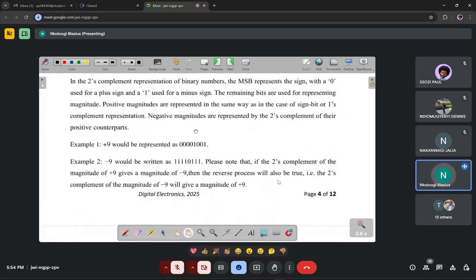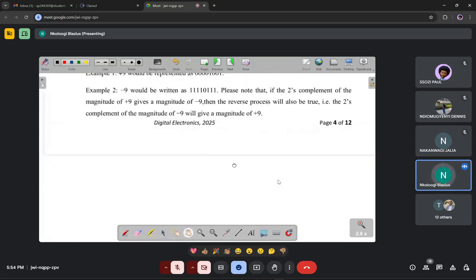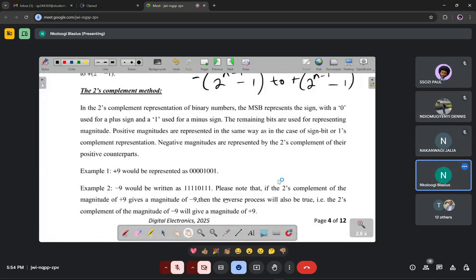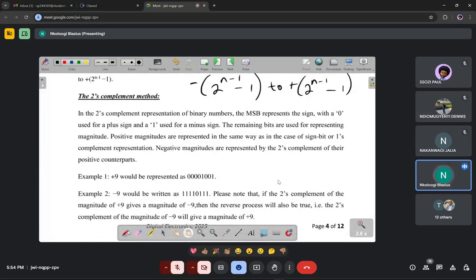Then when we reach this other method of the two's complement, that is one reason as to why we first understood how we can compute the two's complement. First of all, you need to get the one's complement. In this case, if you have such a number, the one's complement will be something like 1001. Okay, and then the two's complement, you get that one's complement and then add a 1.